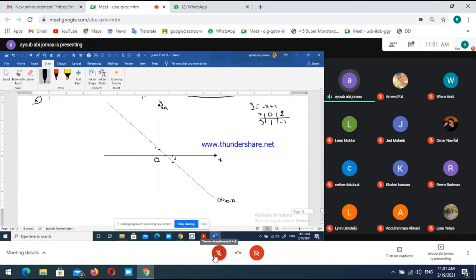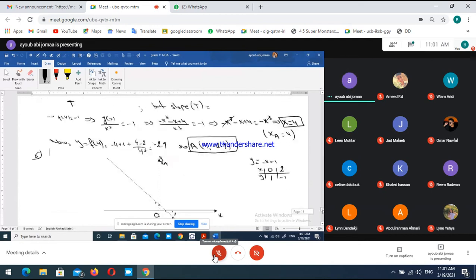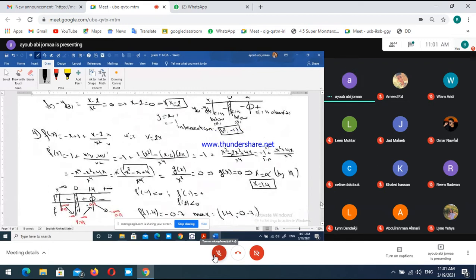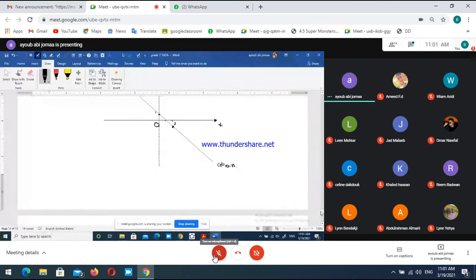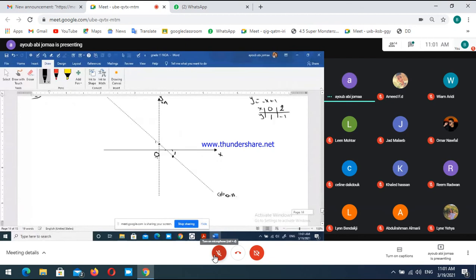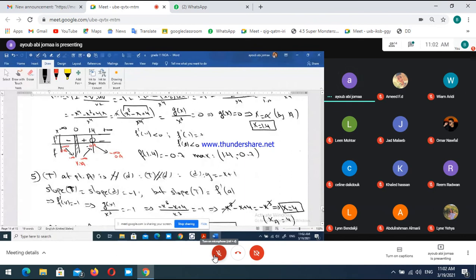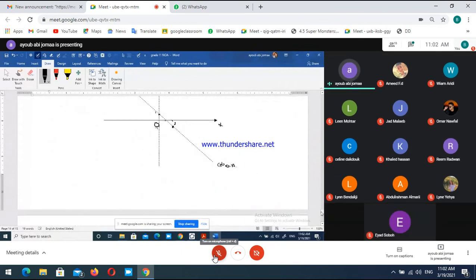Now for the particular points: you have (2, negative 1), the point of intersection, negative 1 here. We have the maximum at (1.4, negative 0.7), so somewhere here is the maximum.